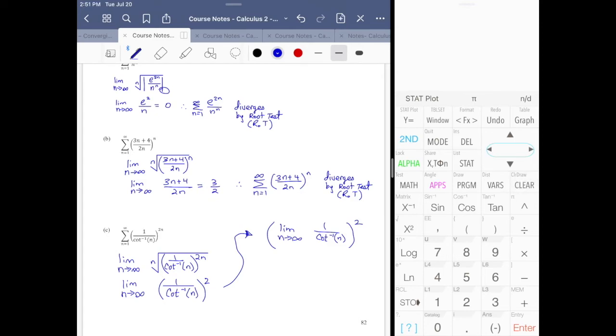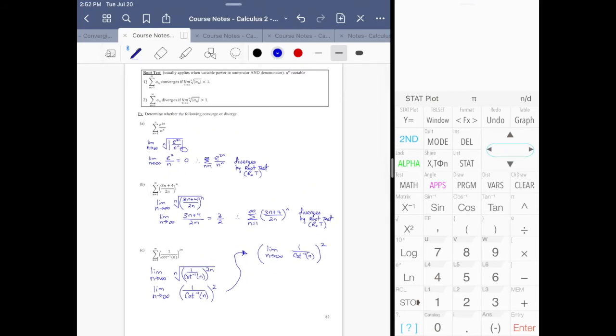Let's say I wanted to find the inverse cotangent of, let's say, just a 1. Actually, no, that's probably not a good example. Let me do inverse cosecant of 2. I'll just pull that off on the side.